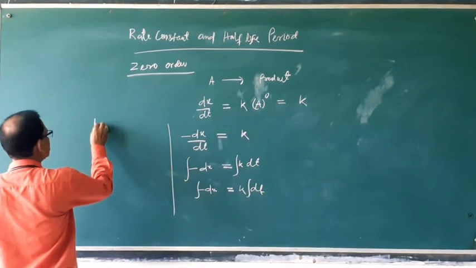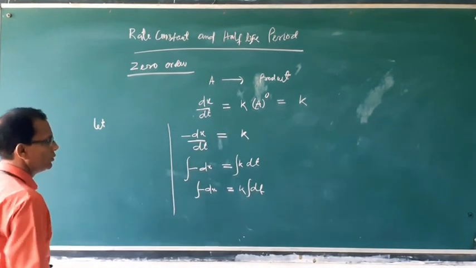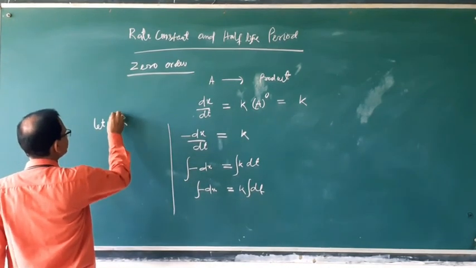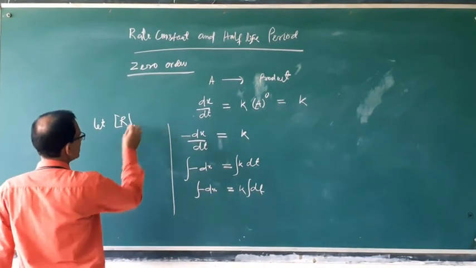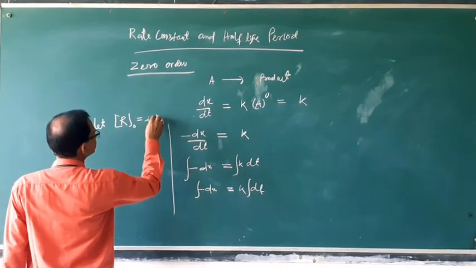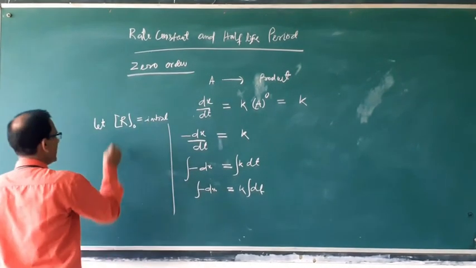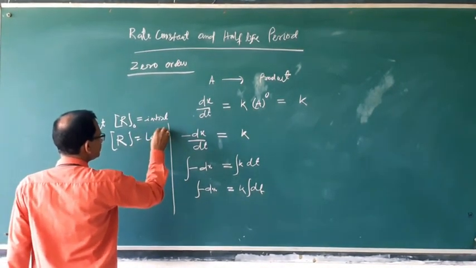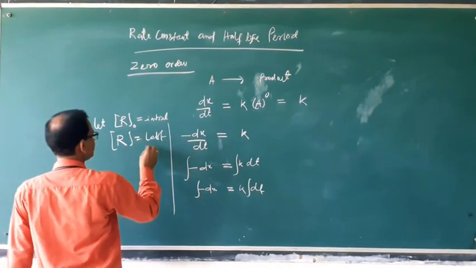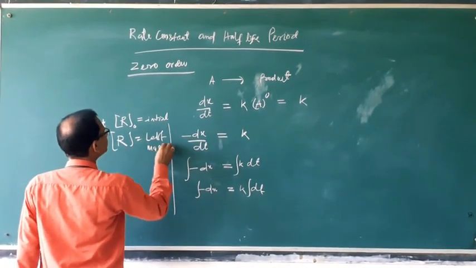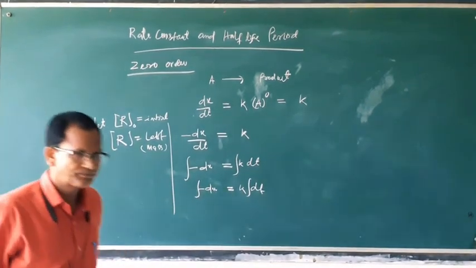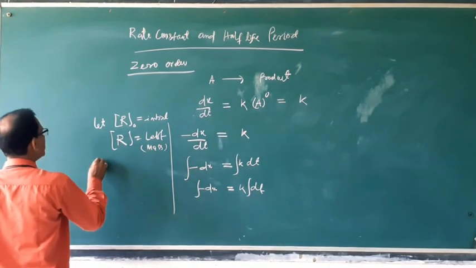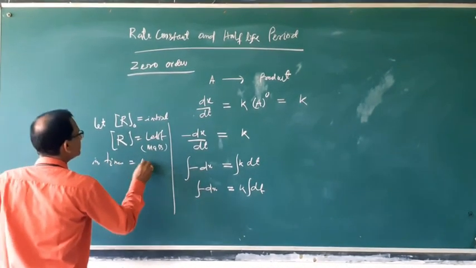Let your initial concentration be R0, and the amount left, R, at time t.